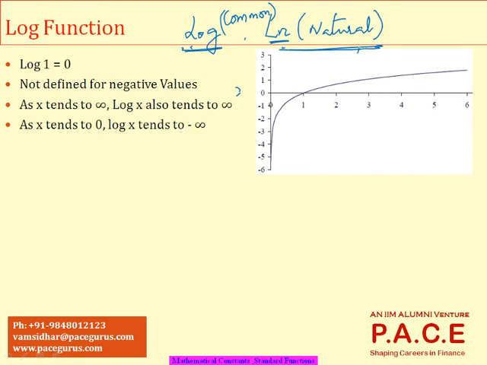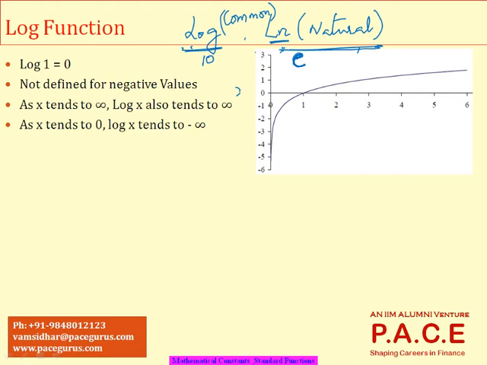The difference between the two is that the first one uses 10 as the base, whereas the natural logarithm uses e as the base. e is the exponential constant, 2.718, and it is used as the base for the natural logarithm, whereas 10 is the base used for the common logarithm. But whatever the base, natural or common, as far as this particular graph shape is concerned, we are not much bothered.